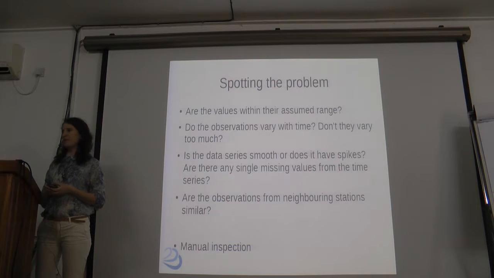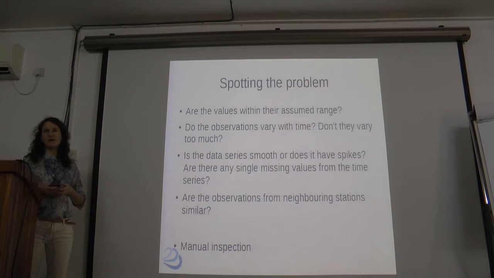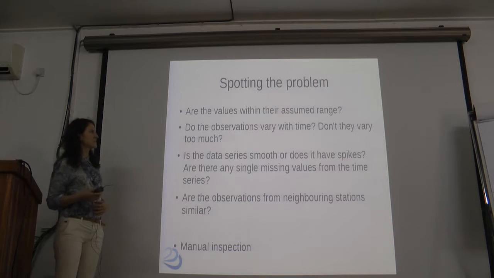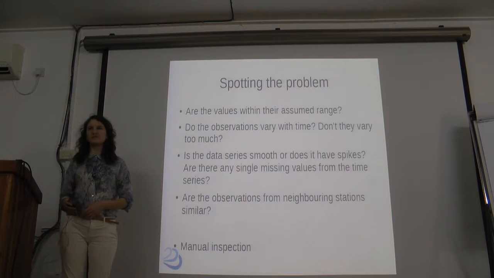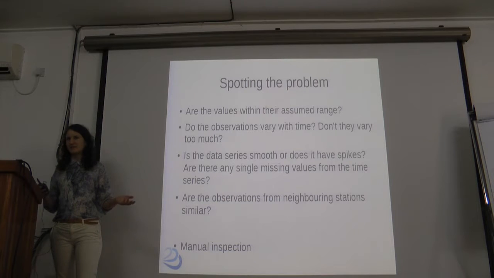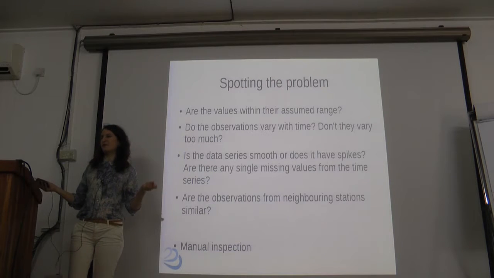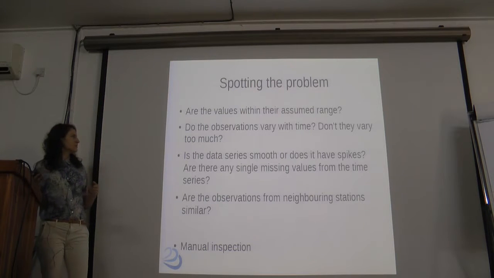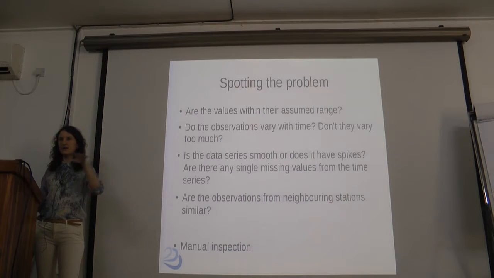How can we spot the problem? The first, most basic way of assuring that our measurements are good is to see if the values fall within their assumed range. So we check that we don't have oversaturation, or a wind speed that is below 0, or things like that. Another is, do the observations vary with time? Do we have the same values stored for each timestamp, or do we have variations?